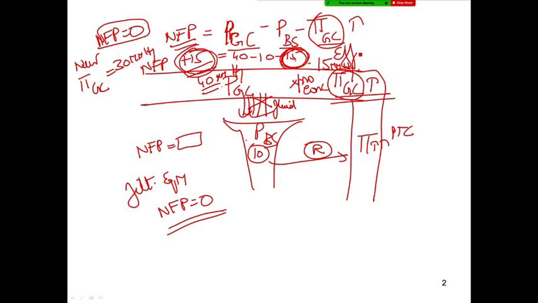So net filtration pressure now will be 40 minus 10 minus 30, which sums to 0. Whatever gradient is there, your oncotic pressure should increase by that much.